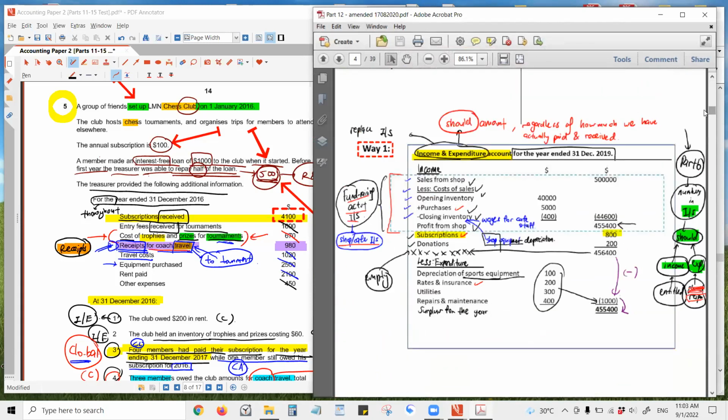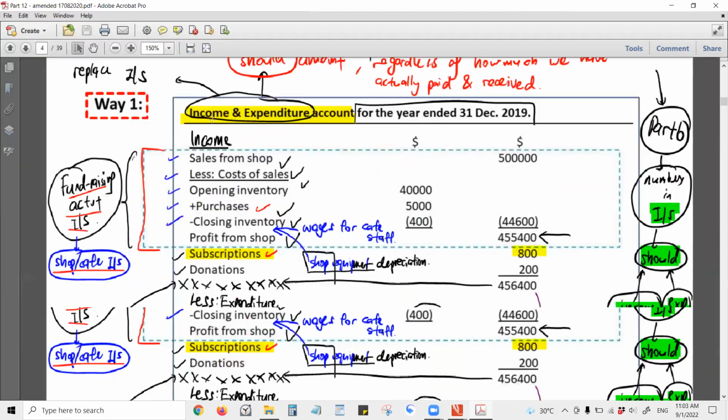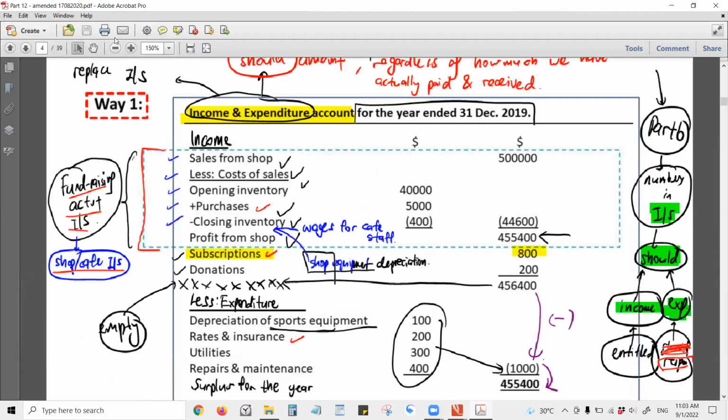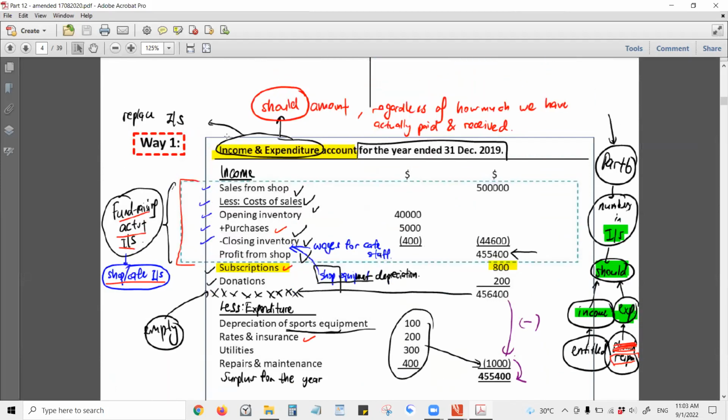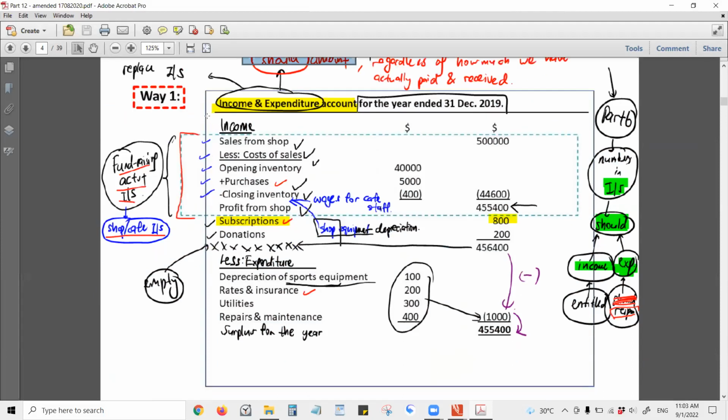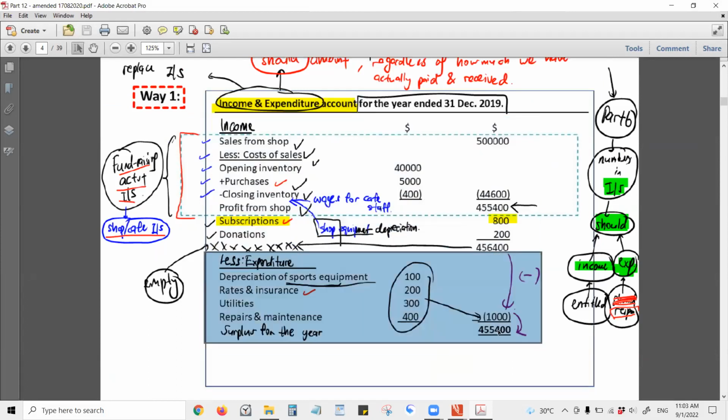That's how you do it. Income expenditure account. And very importantly, you have to look for the amount that you should pay or receive during the year. So you have two sections, the income section and then the expenditure section.